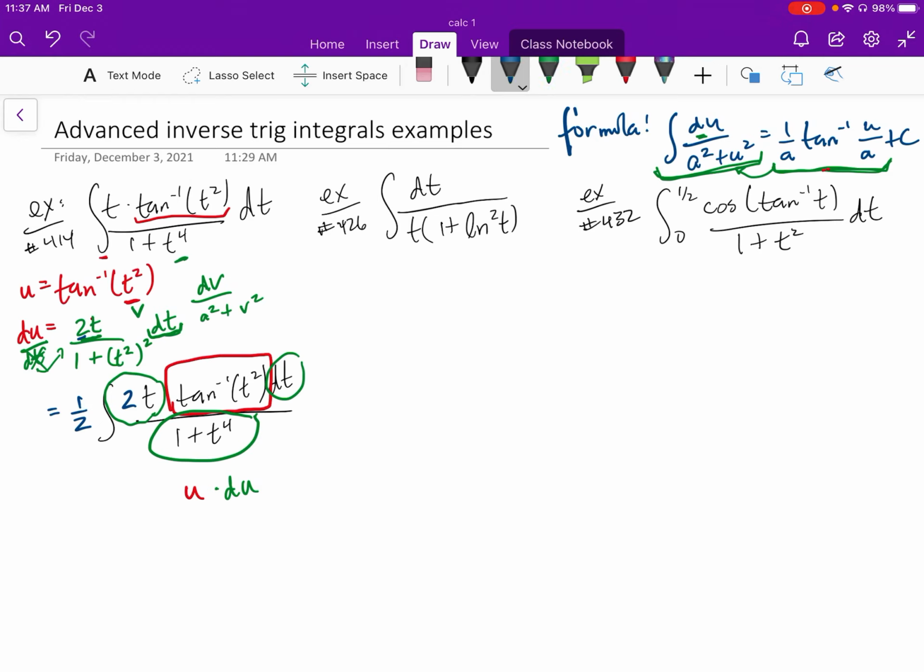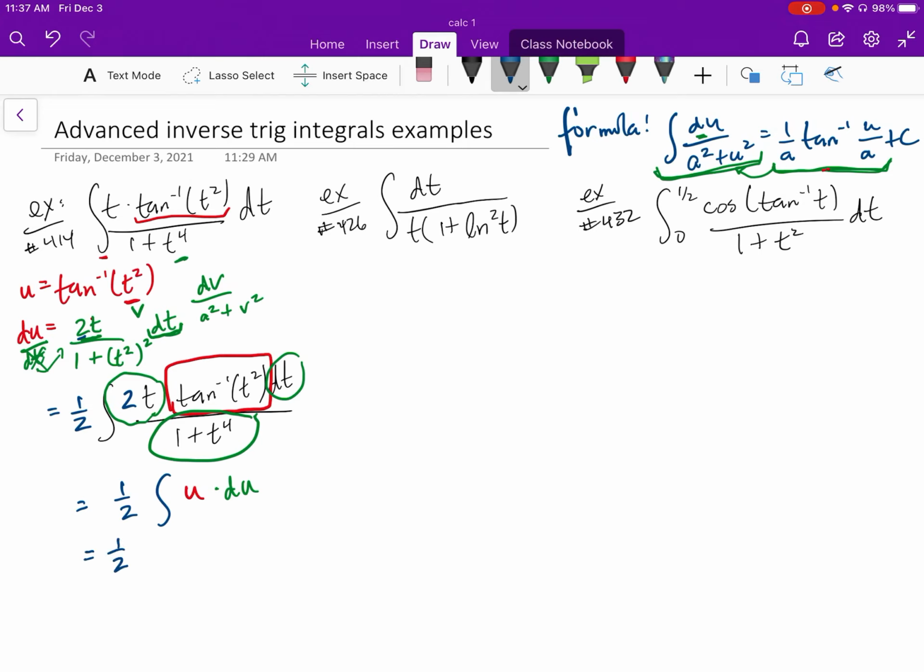Now in a roundabout way, so 1/2, I made all my substitutions. We actually aren't integrating a form of du over a squared plus u squared, but we needed that in order to create our u substitution, right? We actually needed the derivative of tan inverse, which derivative of inverse trig functions came long before integrals.